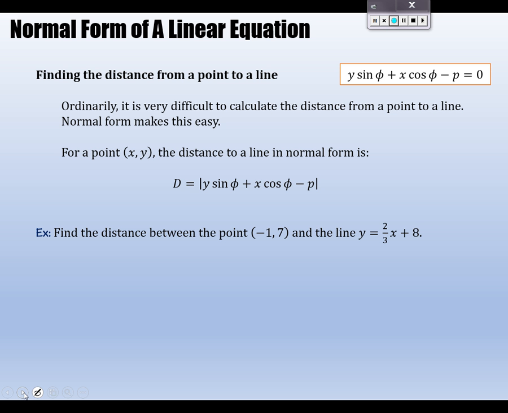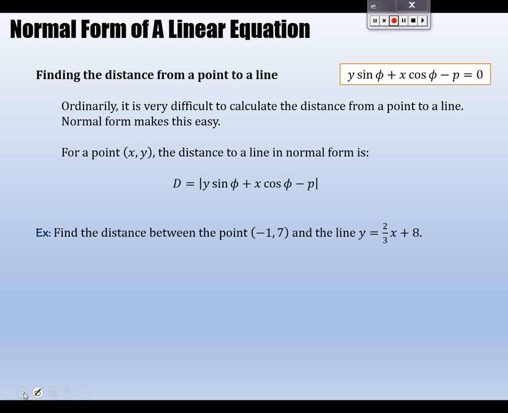And what do you get over here if you plug in a point for x and y that is on the line? 0, because it satisfies the equation. This is the big cool moment. If you plug in a point that's on the line, you get 0. But if you plug in a point that's not on the line, you get something that's not 0. But it's not garbage. Turns out that number is how far away the point is from the line. That's a really useful thing.